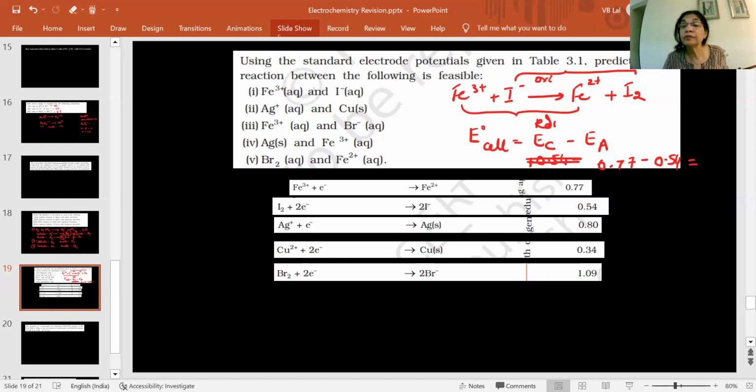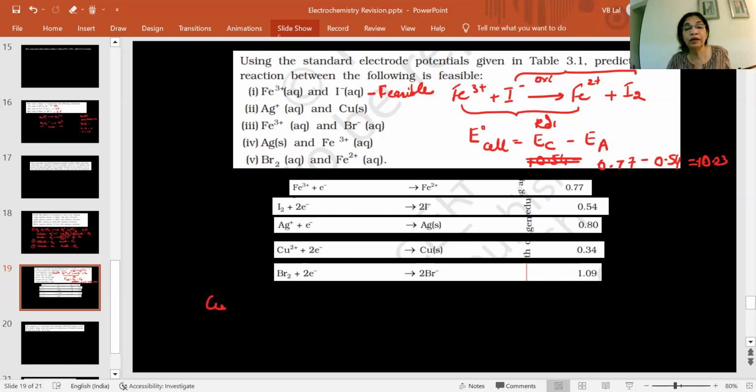You will get 0.23. So since the answer is coming positive, what will I write here? This one is feasible, right? This is feasible.